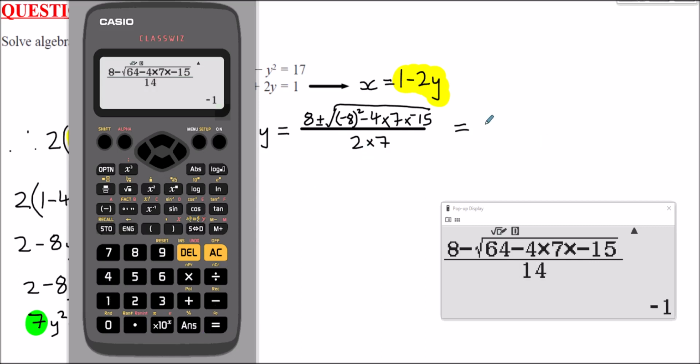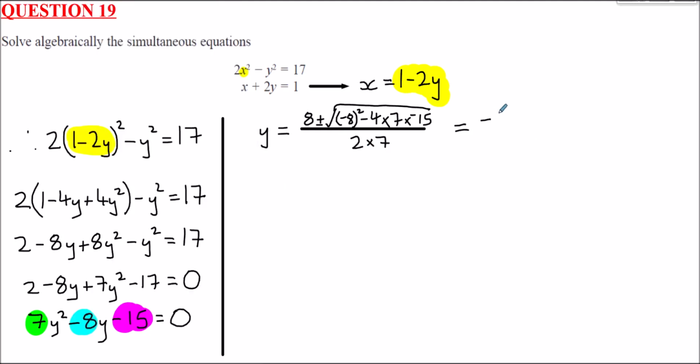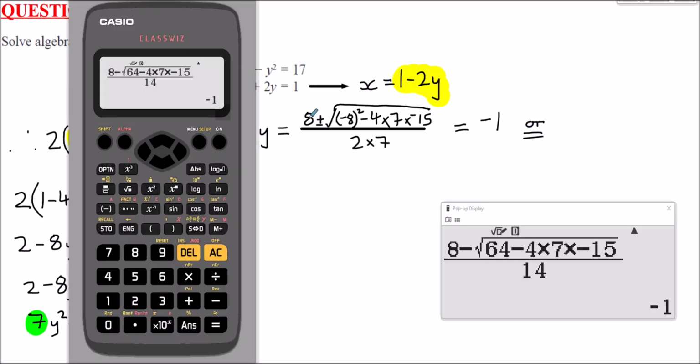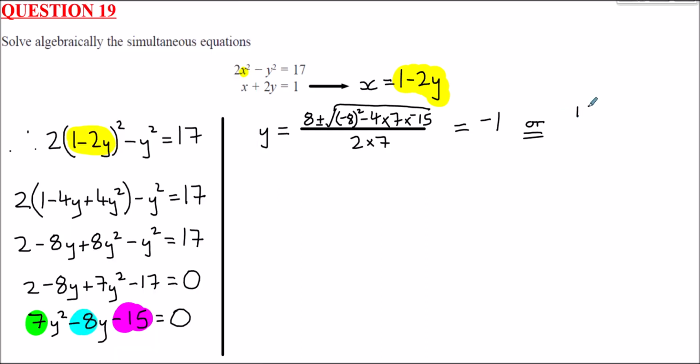We get minus 1, so y equals minus 1, or the second option is going to be when it's minus 8 plus this. So switch out with a plus sign, 15 over 7. So minus 1 or 15 over 7. So we've got two options for y.